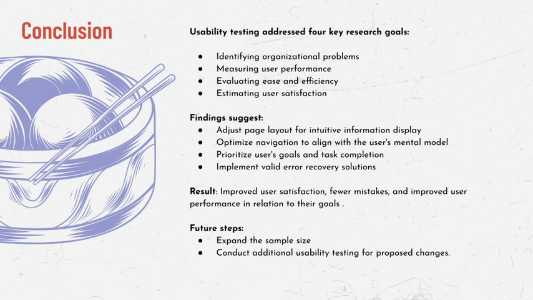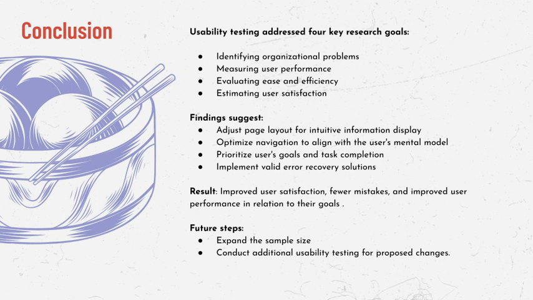This usability test helped us address our 4 research goals, which are identifying organizational problems, measuring user performance, evaluating ease and efficiency, estimating user satisfaction, and insights gained to provide a clear understanding of how to improve the Walks of Life.